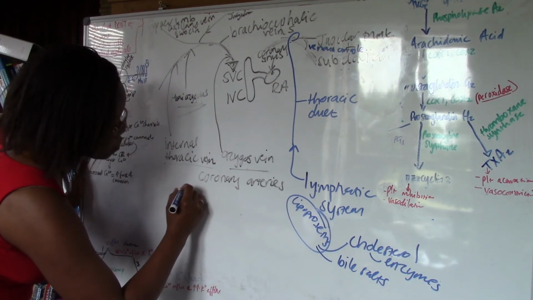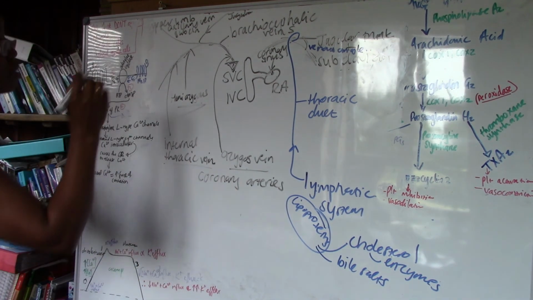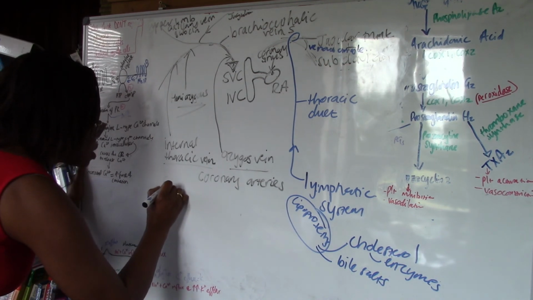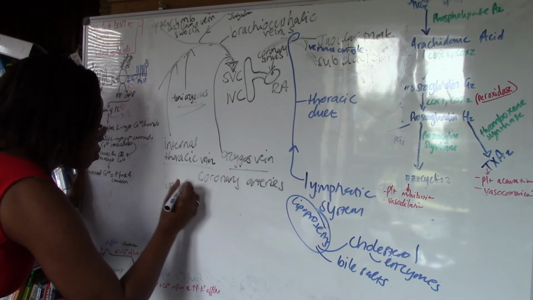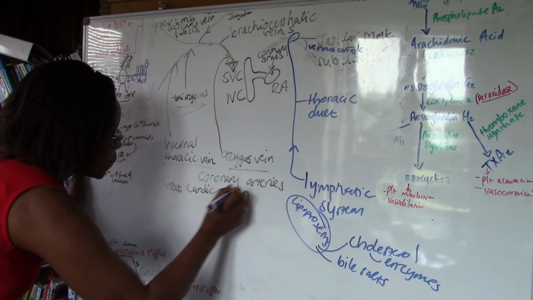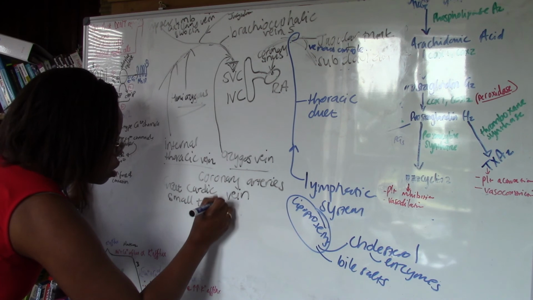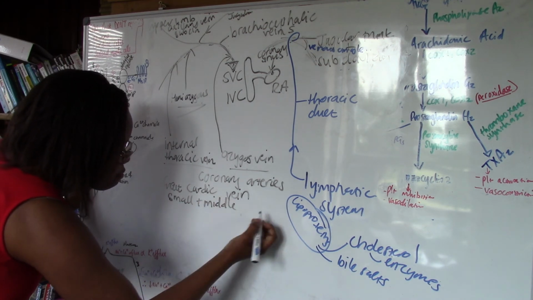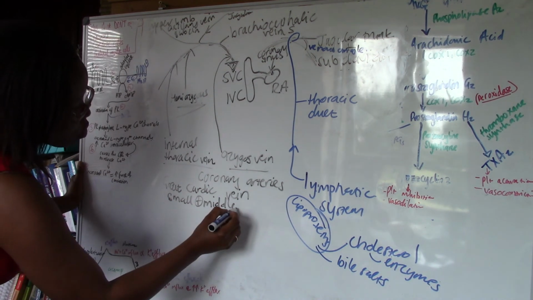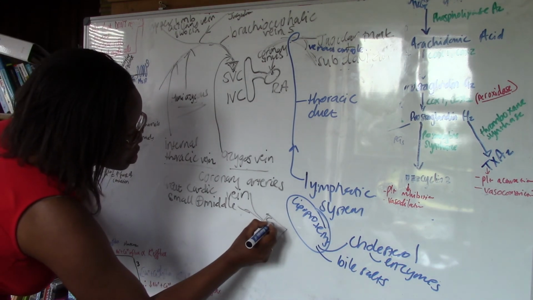So the coronary sinus will collect from the great cardiac vein, the small and middle cardiac veins as well, and all of those will drain into the coronary sinus.